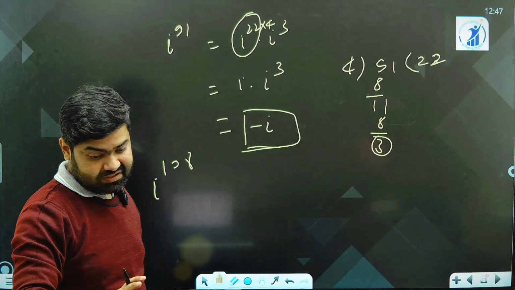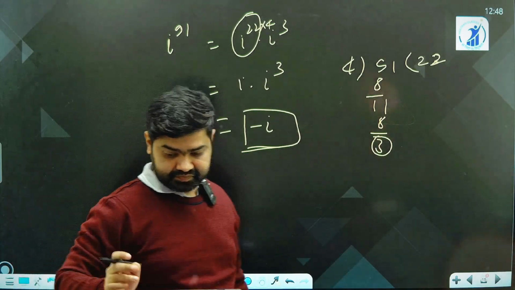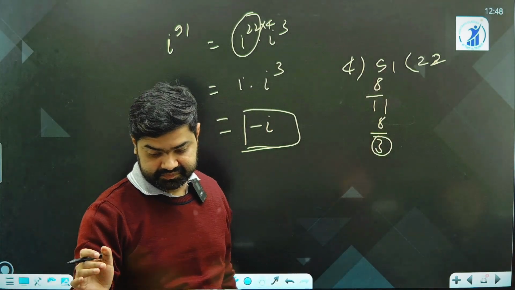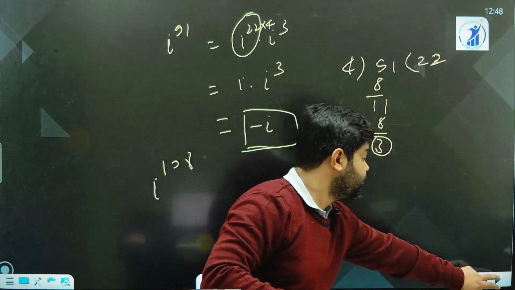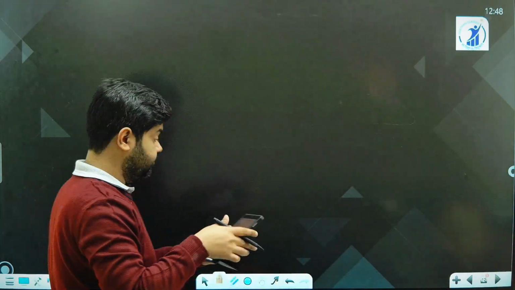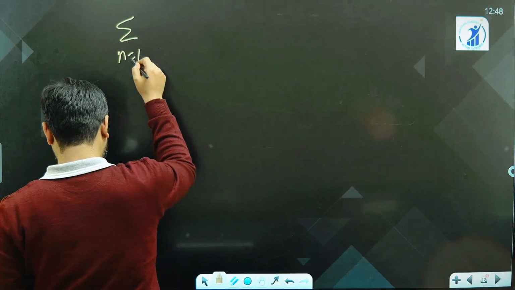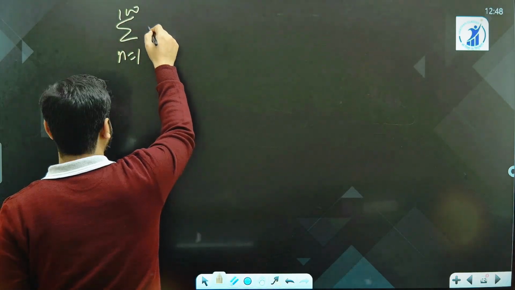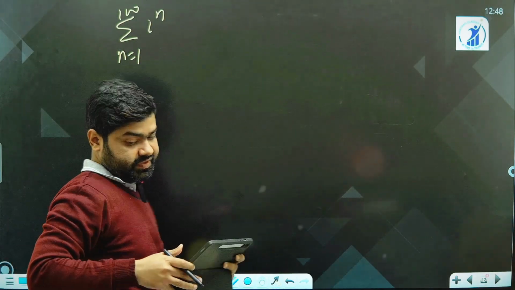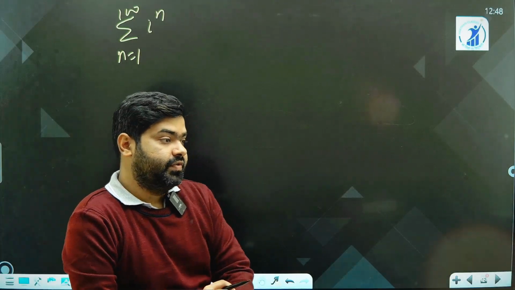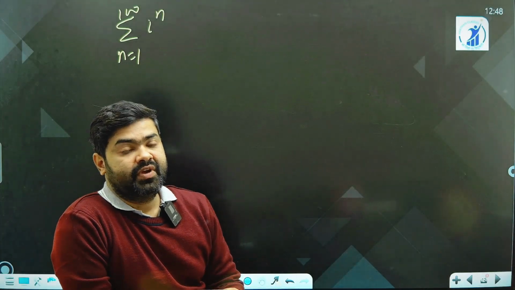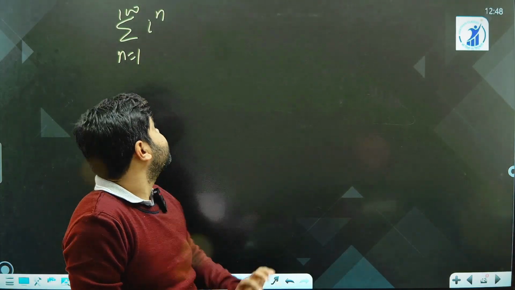We can take some other example also, like the summation of n equal to 1 to 100 of iota to the power n. So first we have to know about this summation sign.